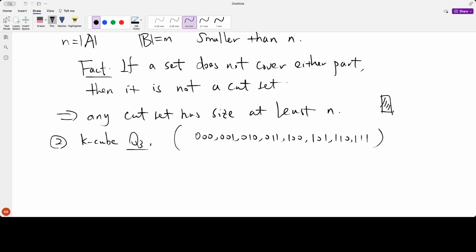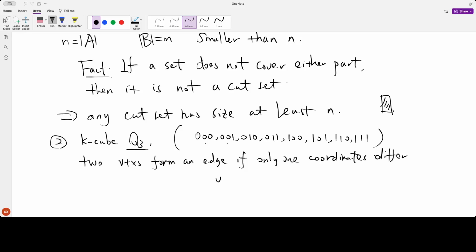Okay, and two vertices form an edge if only one coordinate differs. So for example, 000 and 001 are connected, and it is also connected to 010, and it's also connected to 100.